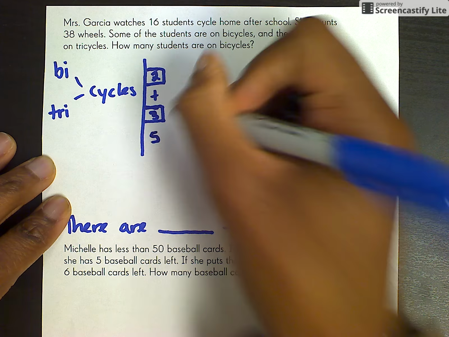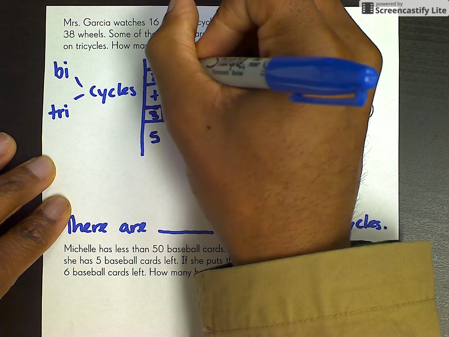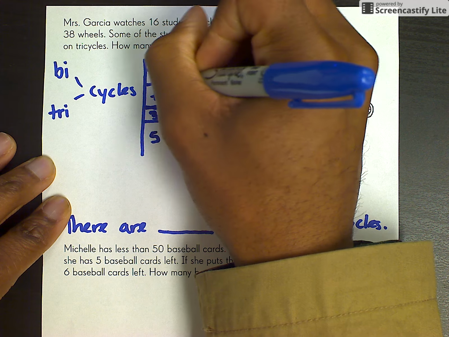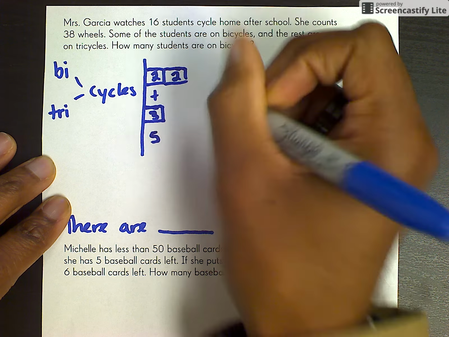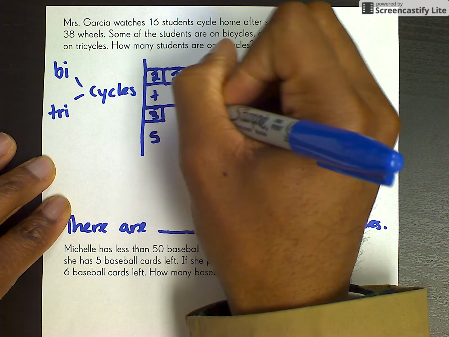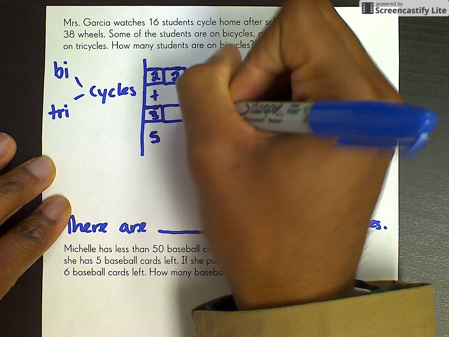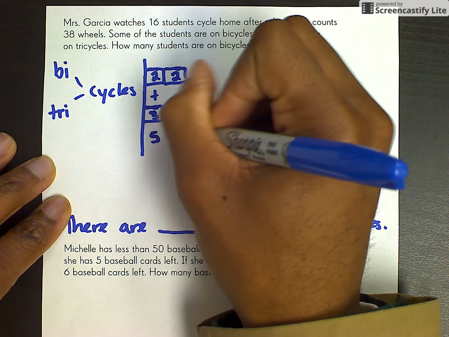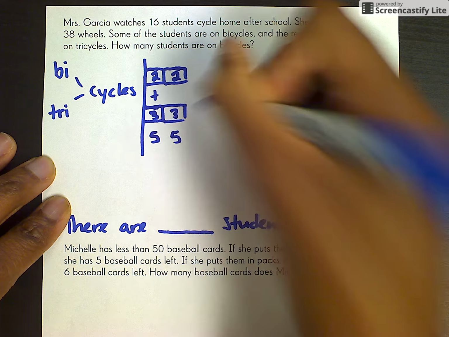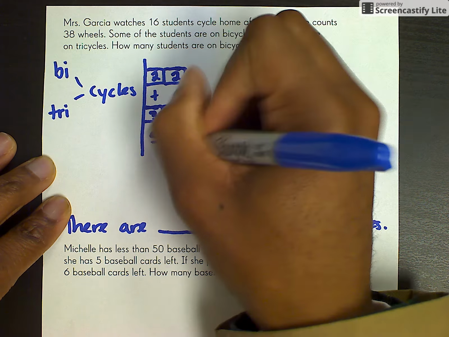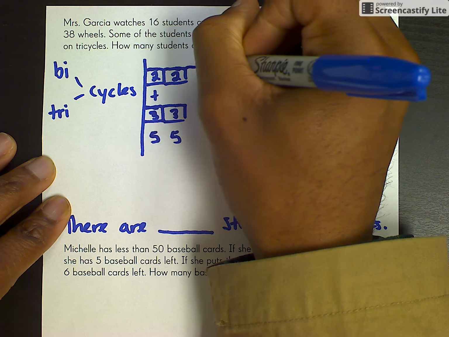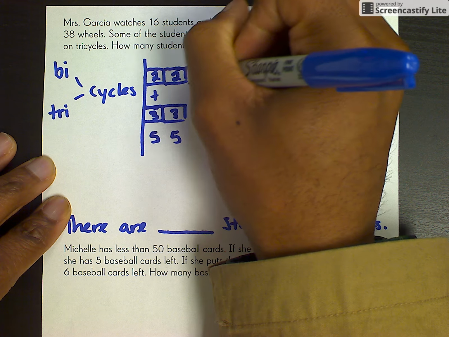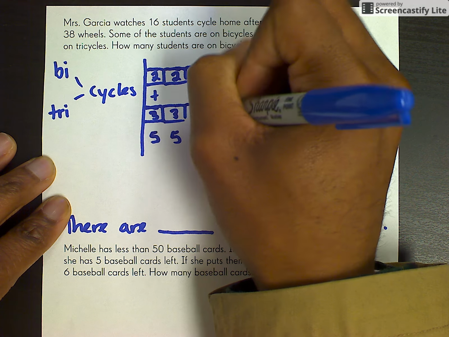That's 5 wheels total. If I do another set of bicycle with 2 and another set of tricycle with 3 wheels, that's simply 5 again. And now I'm looking at 10, so I'm going to keep growing that until I get close to my target number.